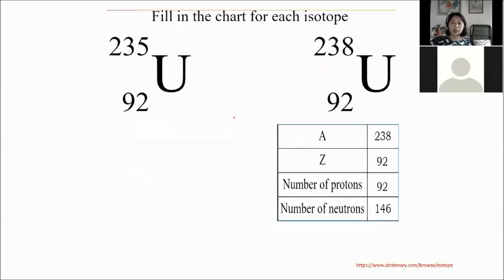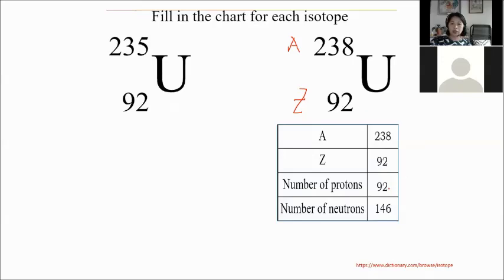Okay, so we have these two isotopes of uranium. We have uranium-235 and uranium-238 with an atomic number of 92. Okay, so in uranium-238, alam natin that this is A and this is Z. So fill up pa natin yan, 238 ang A, Z is 92, number of protons is equal to the atomic number.